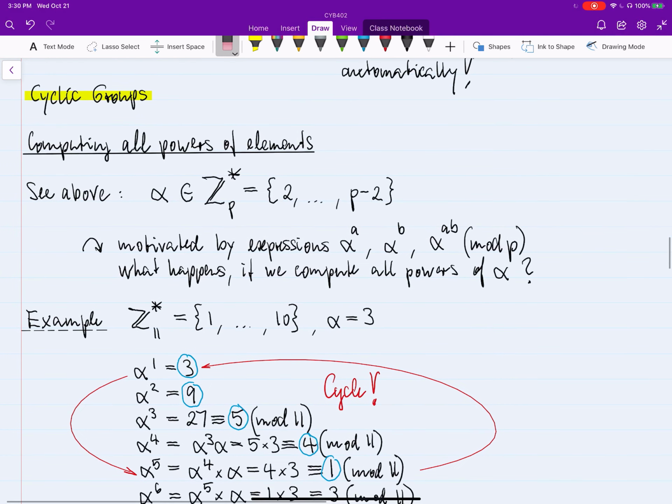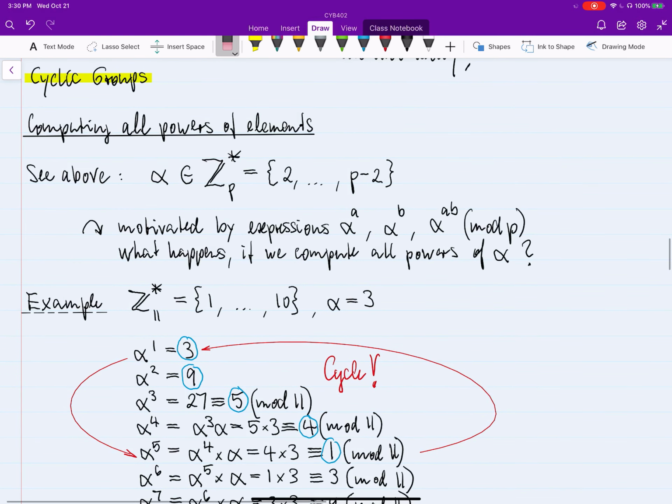Okay, so let's expand upon what we just covered and talk about cyclic groups.